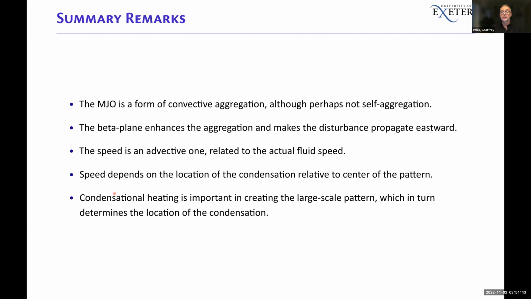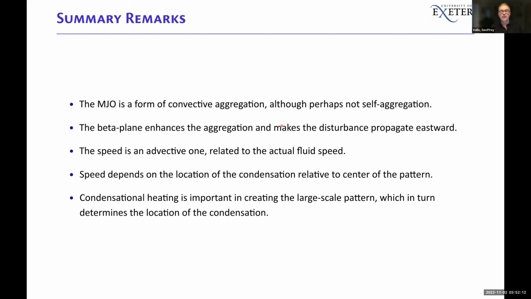Okay, let me just summarize the results of this and then make a few general remarks about moist geophysical fluids. So I'm arguing that the MJO is a form of convective aggregation, if you will, but not self-aggregation, in the sense that it needs an external agent to give you that aggregation, and that external agent is the beta plane.